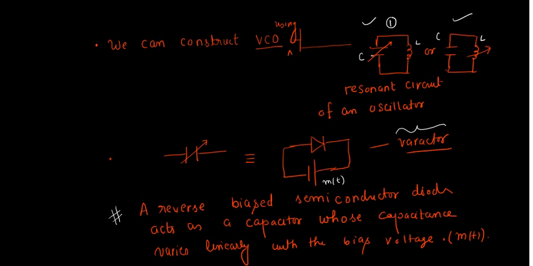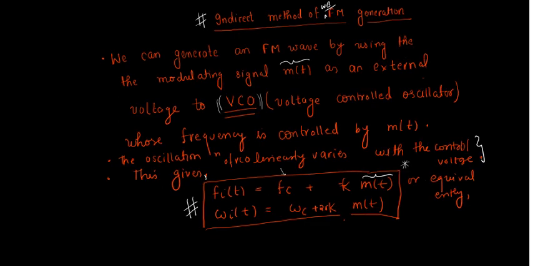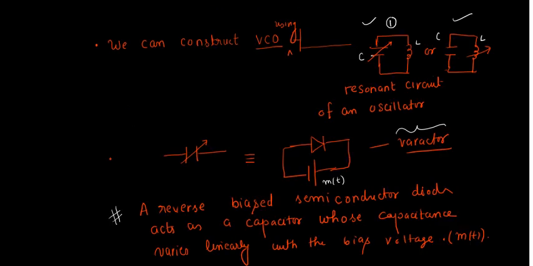When there was no input, the frequency of the VCO was fc, the free running frequency was fc, and when we apply some signal m(t), it changes as per this equation. So this fulfills the criteria that a VCO can be used in order to generate an FM wave or FM signal. But the question is how to realize or how to construct the VCO.